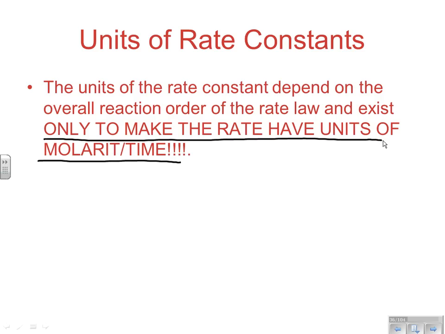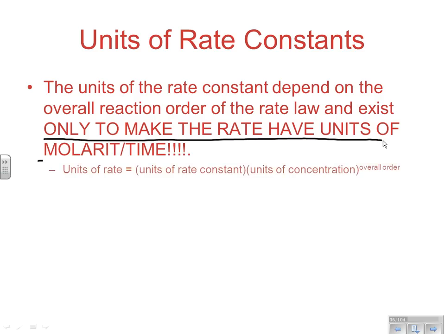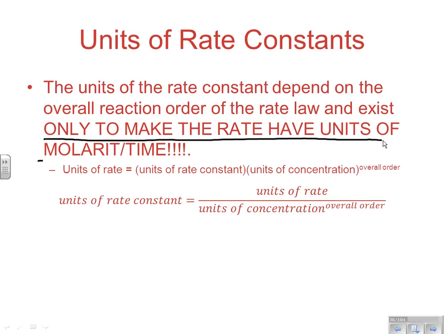That's the sole function of the units in our k value. Remember, it's rate equals. So when we're calculating the rate, we need to end up in molarity per time. We need to have appropriate units in our k to do that, regardless of what our overall order is. And there's a relationship between those two things. So remember, that's really how the units of k are derived. It's based upon the overall order.